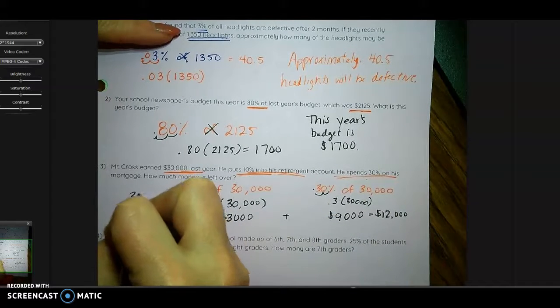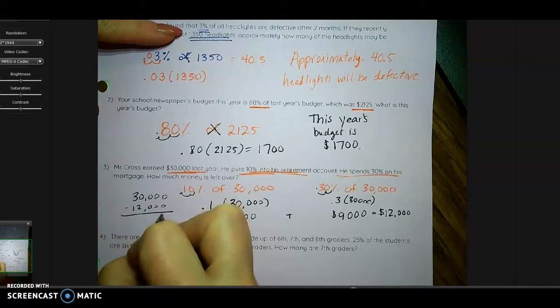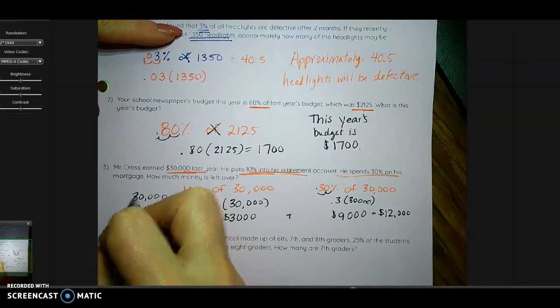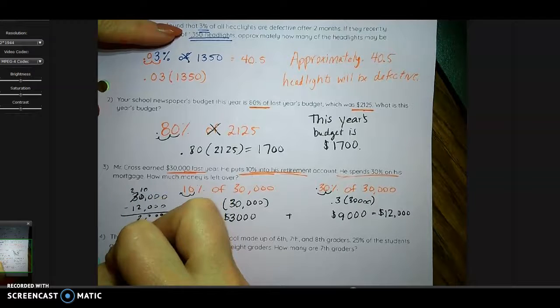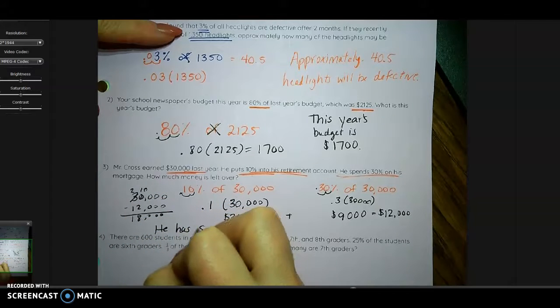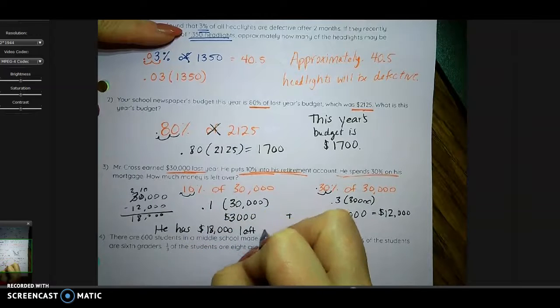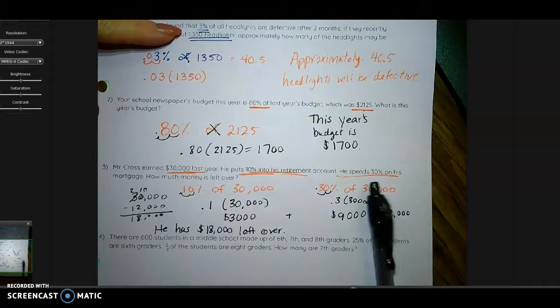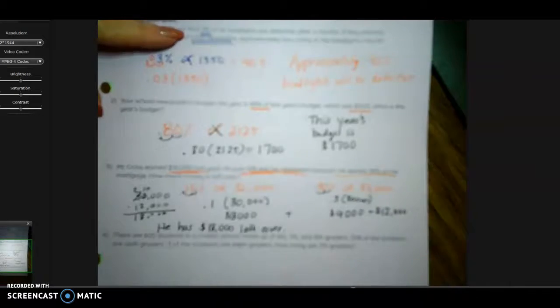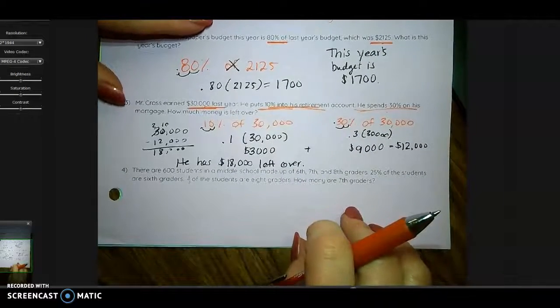So if he made $30,000 and he has spent $12,000 or put it away for safekeeping for retirement, that means he has $18,000 left over, and he would spend that on food, clothing, whatever else he needed, medical. So it's not really left over. I'm sure he's got something to do with it.